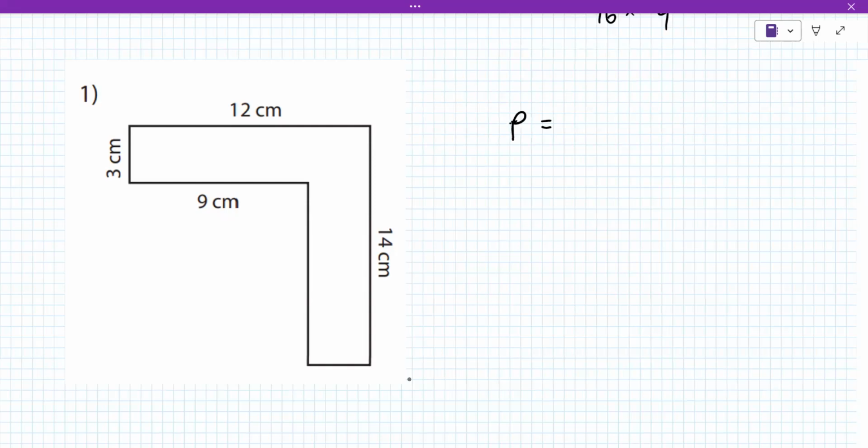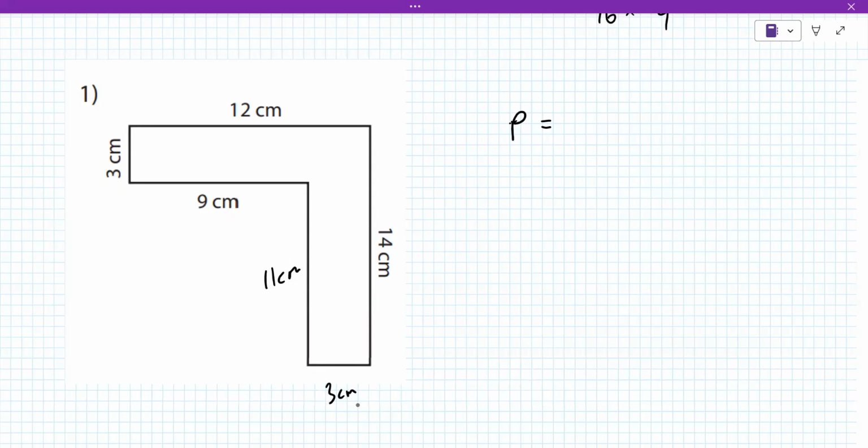You already have 3, so just 11. Let me label them A and B. Which is 11? B is 11. I agree. A is 3. Okay, so go ahead and find the perimeter, please. You just add them all up. That's correct.